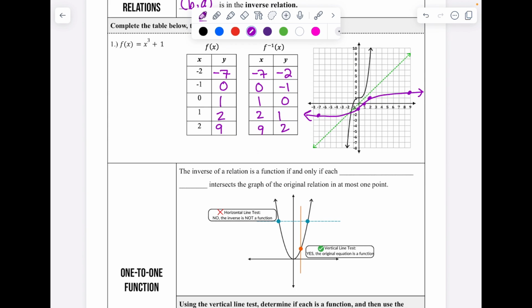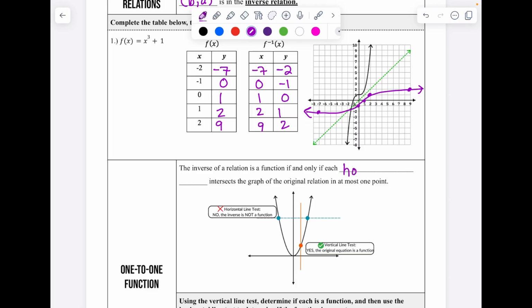All right, so the inverse of a relation is a function if and only if each horizontal line intersects the graph of the original relation in at most one point. So if we look at a quadratic function, it is not going to pass this test.